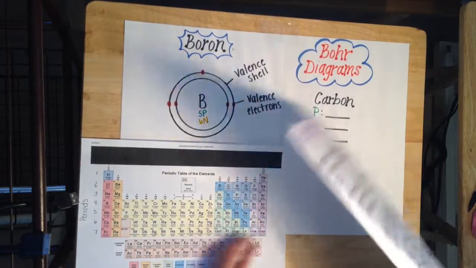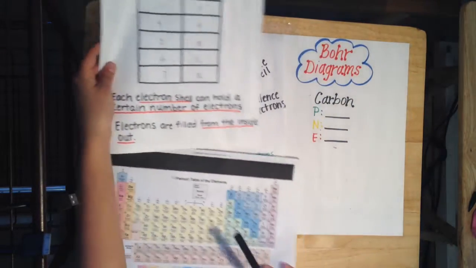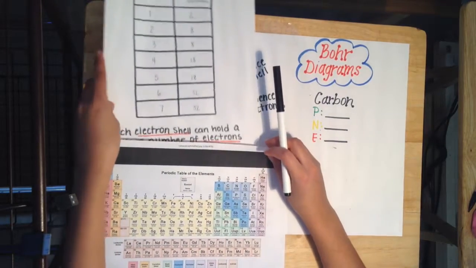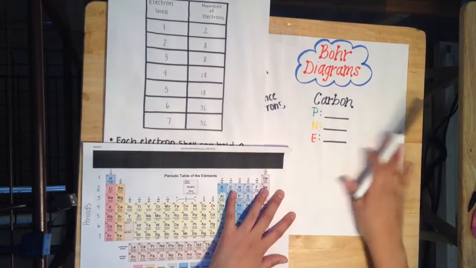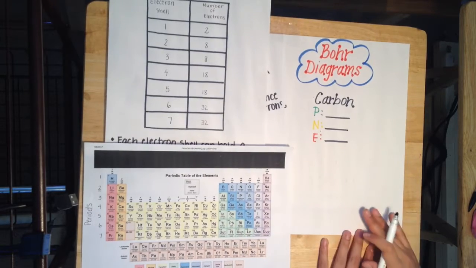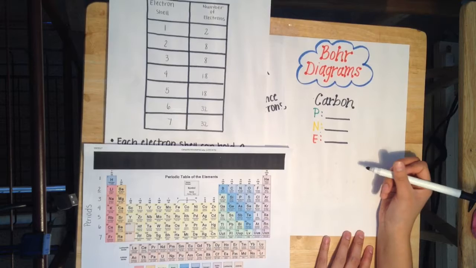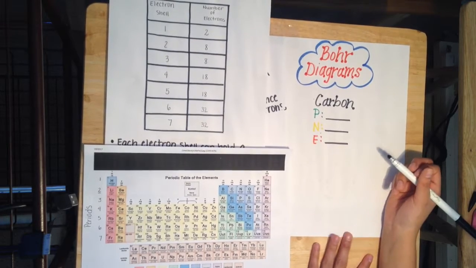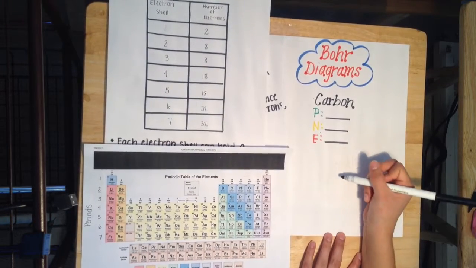Okay, so now let's start with Bohr diagrams. We're going to be using carbon as an example. So we start by writing the element symbol in the center.